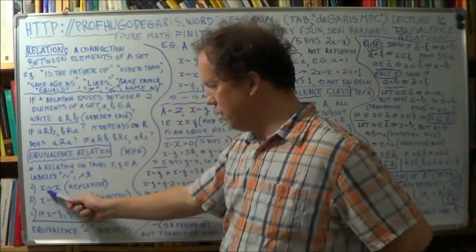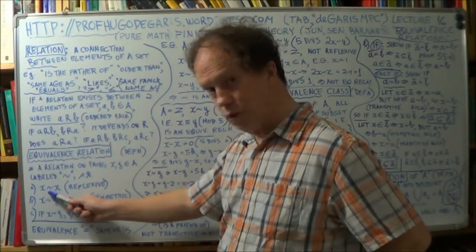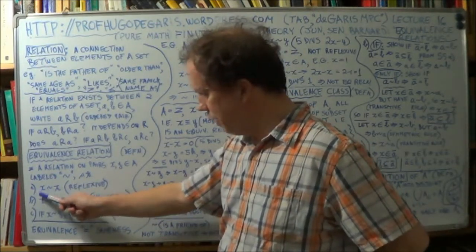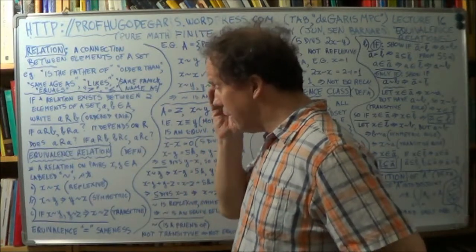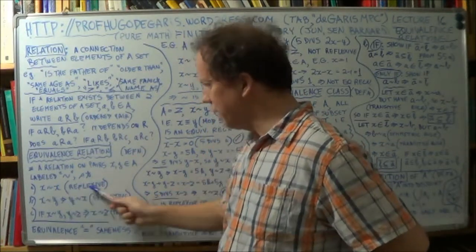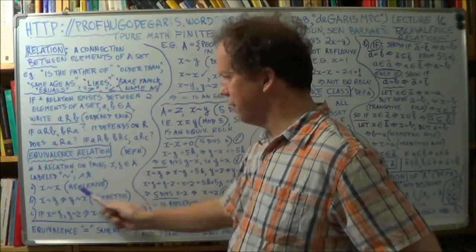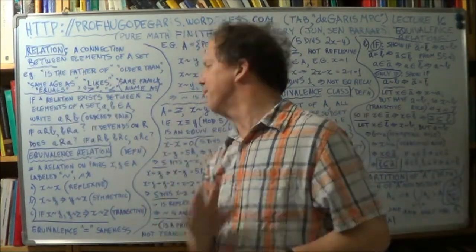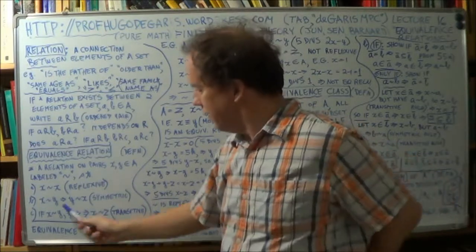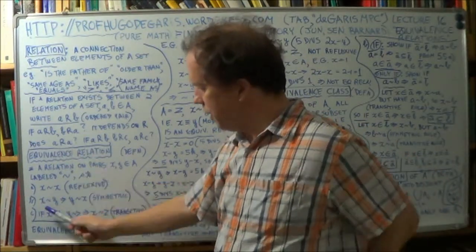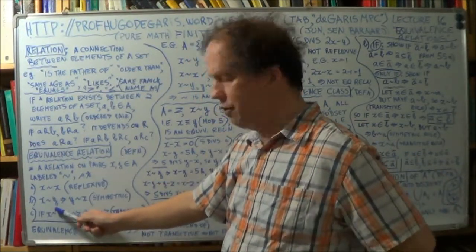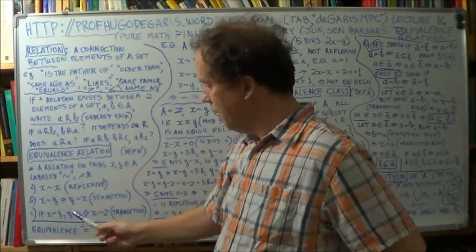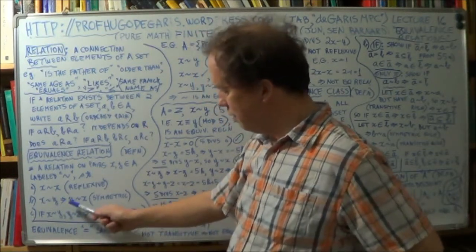And if this equivalence relation holds between x and itself, this property is called reflexive. Sort of like a reflection in a mirror, right? X, X.